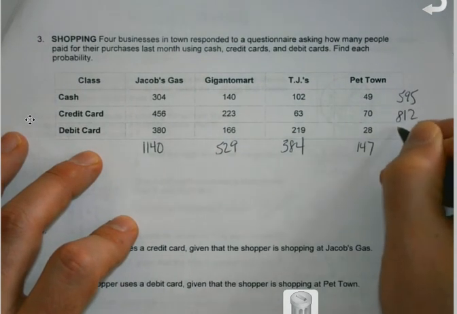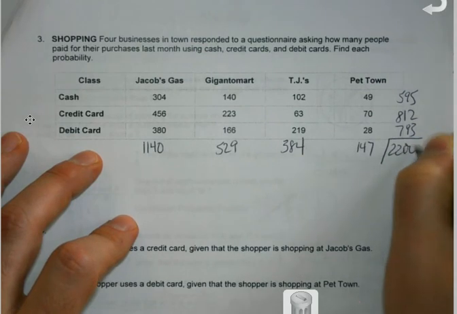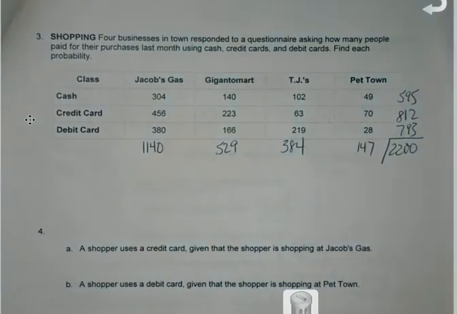Always good, just in case I'm asked for a specific part, how many of everything and everybody is. There's 2,200 total people working within our chart here. So again, keep it simple.